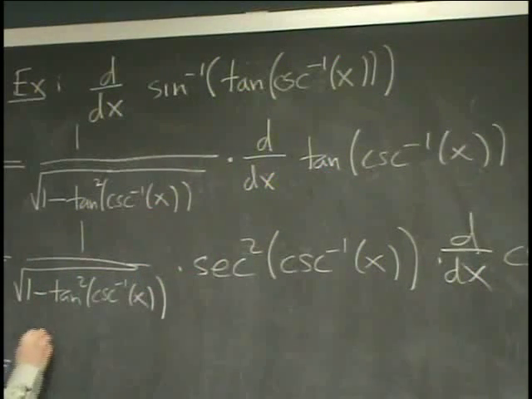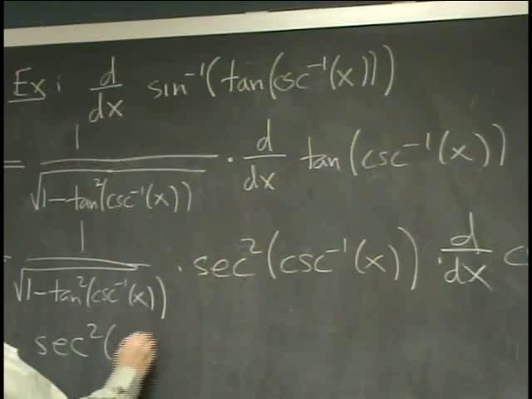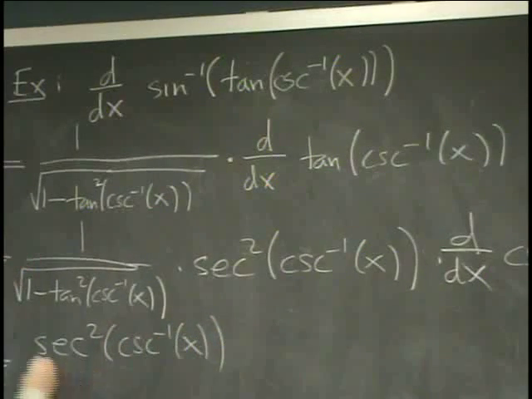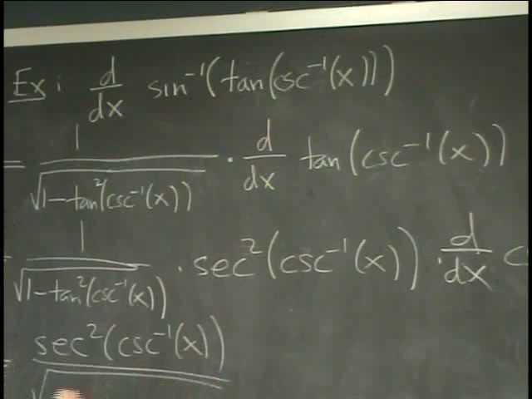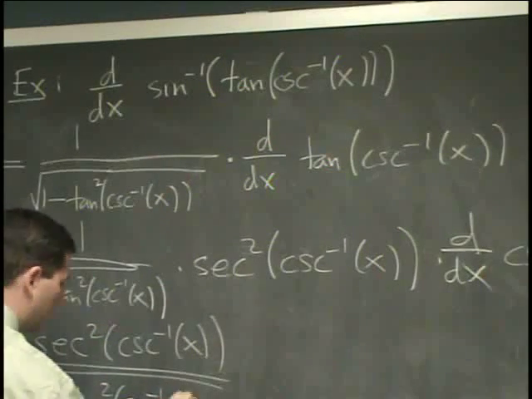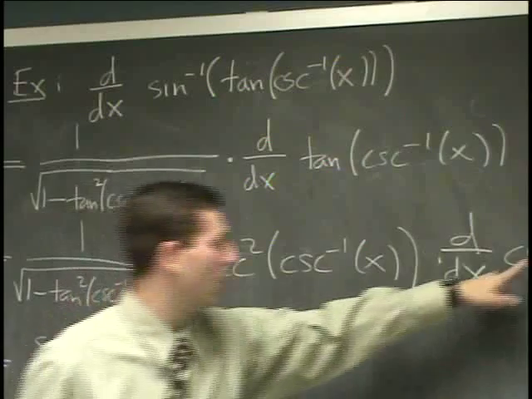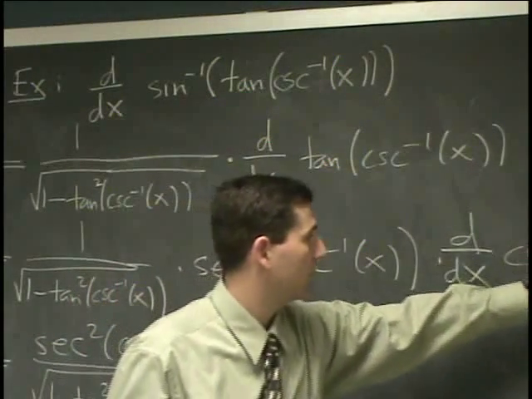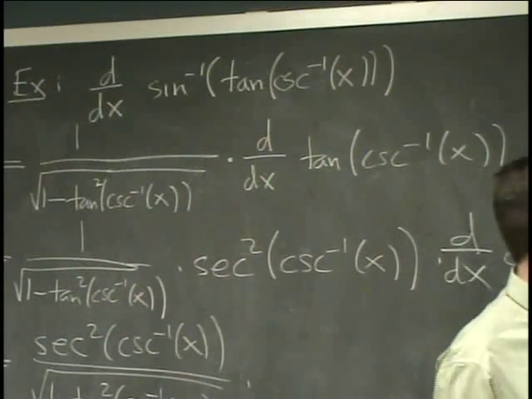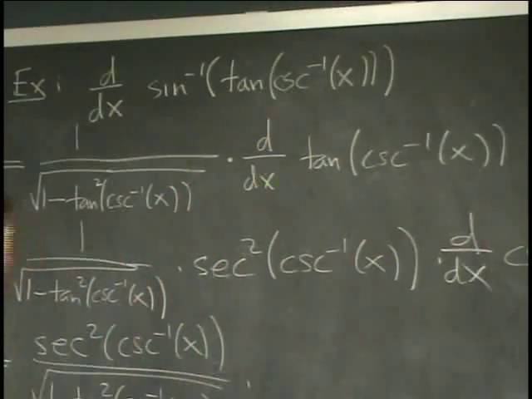So I'll combine these fractions, and I get secant squared of cosecant inverse of x over the square root of 1 minus tangent squared of cosecant inverse of x, times the derivative of cosecant inverse, which we can just read over here is negative 1 over x root x squared minus 1.